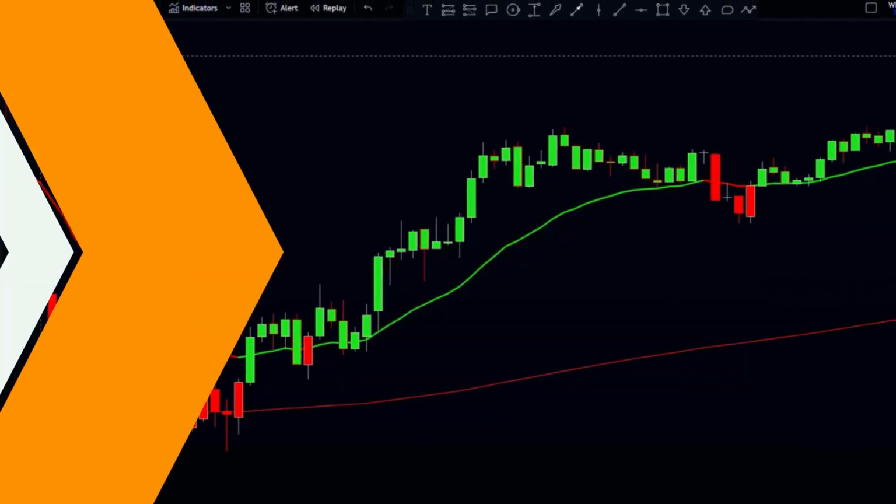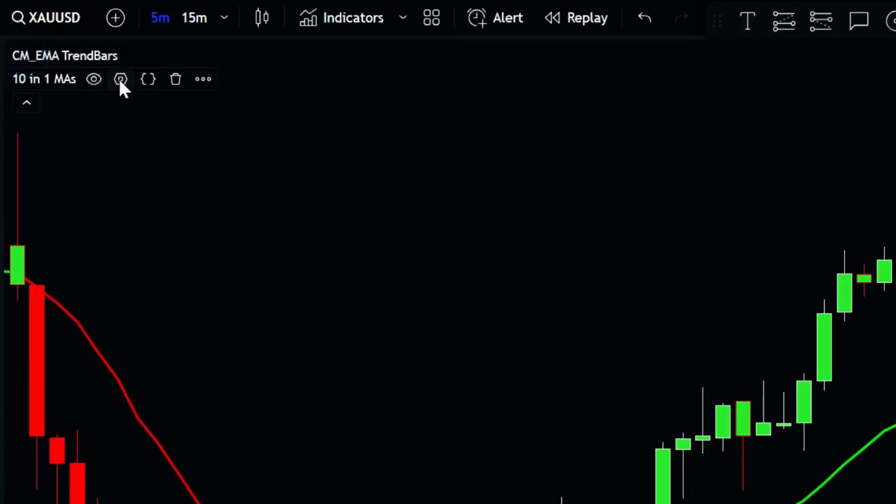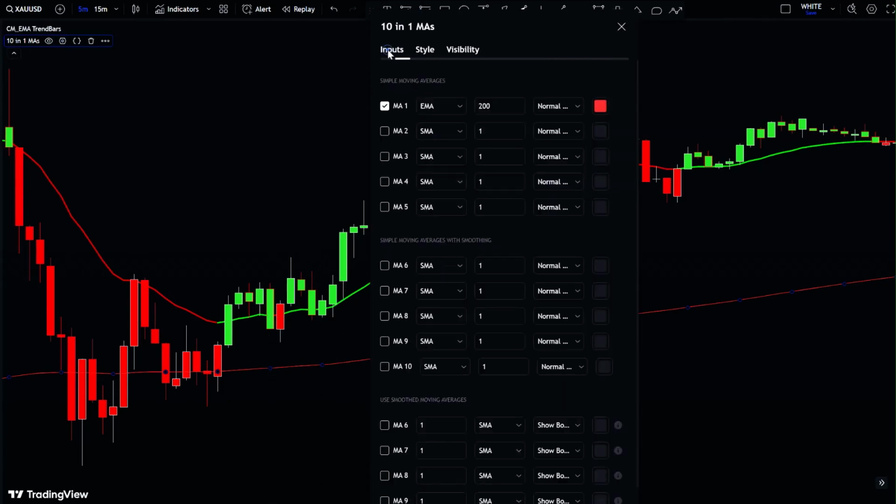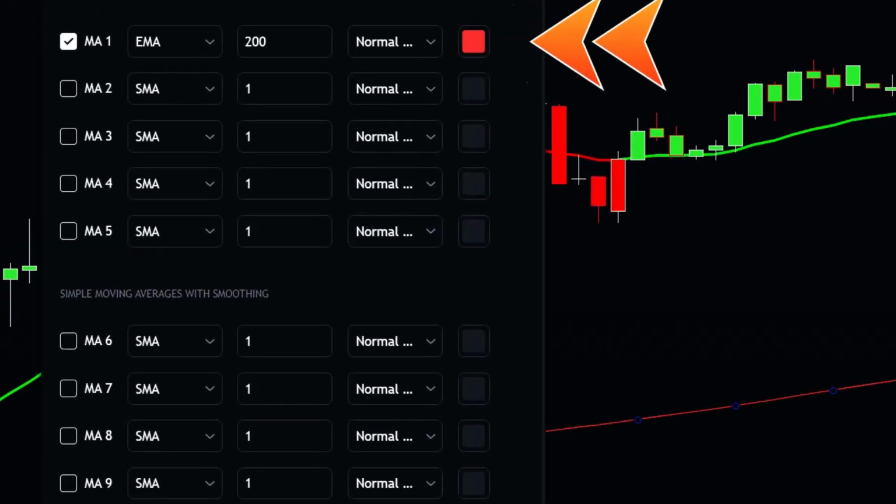Here's how to set it up for maximum impact. We're going to use 3 moving averages to get a solid read on the market. First, set the MA1 option to EMA with a 50 period. Keep the time frame normal and pick a color that suits your style.